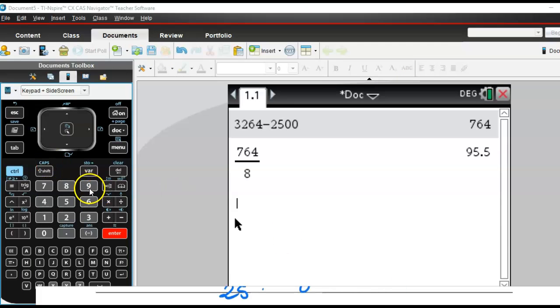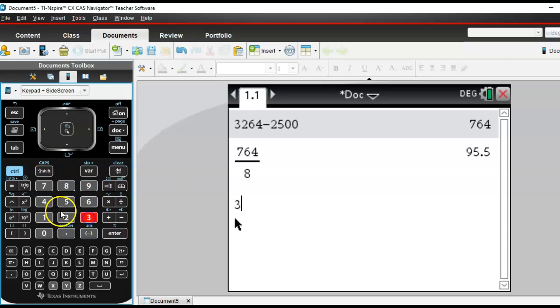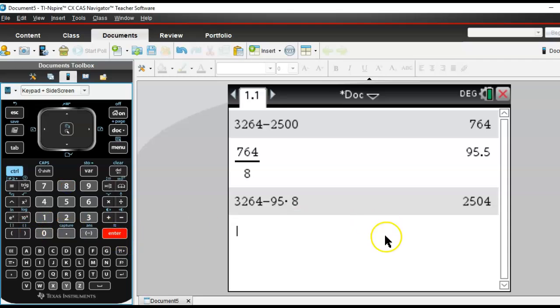If we go using our rule, 3,264 take away 95 times 8, it's $2,504.